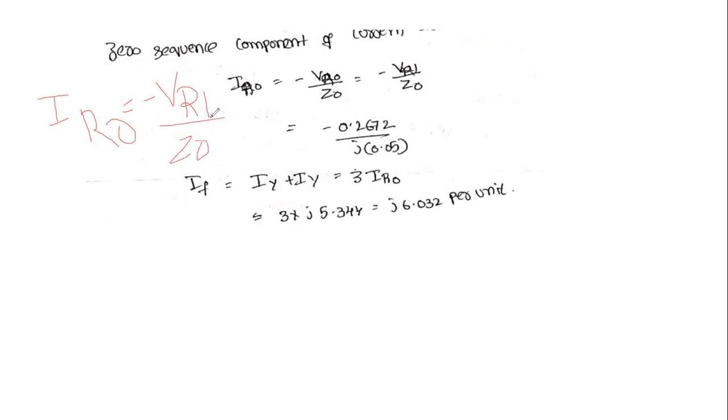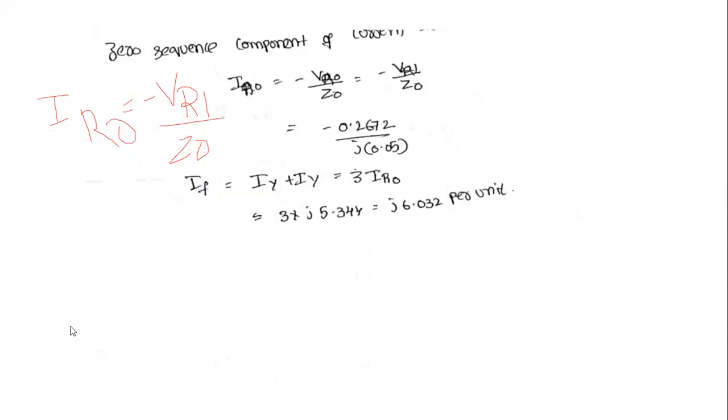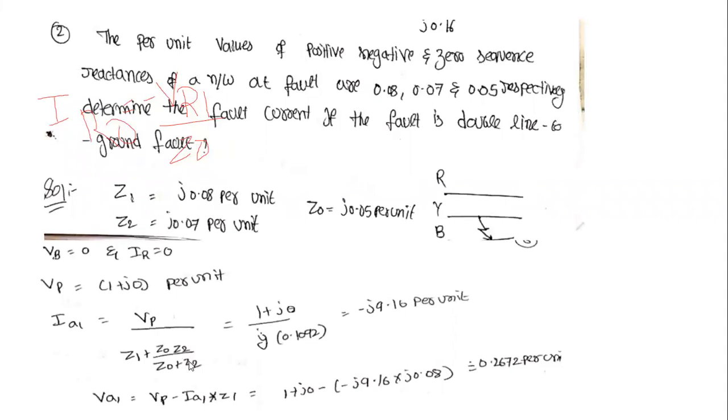VR1, or VA1, is given by the same formula, V phase minus IA1 into Z1.